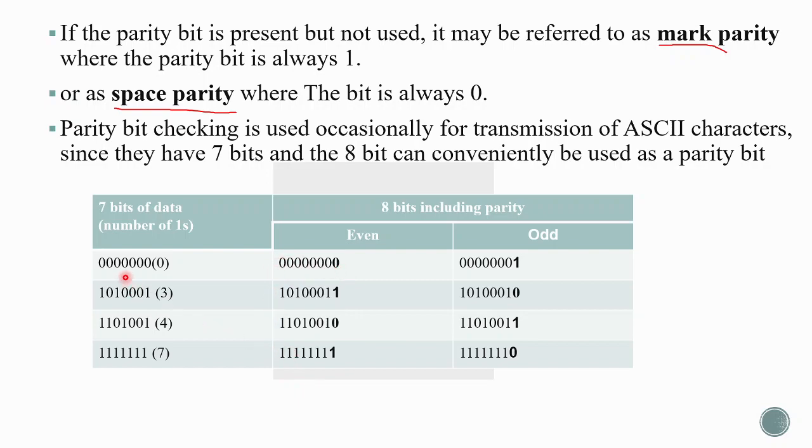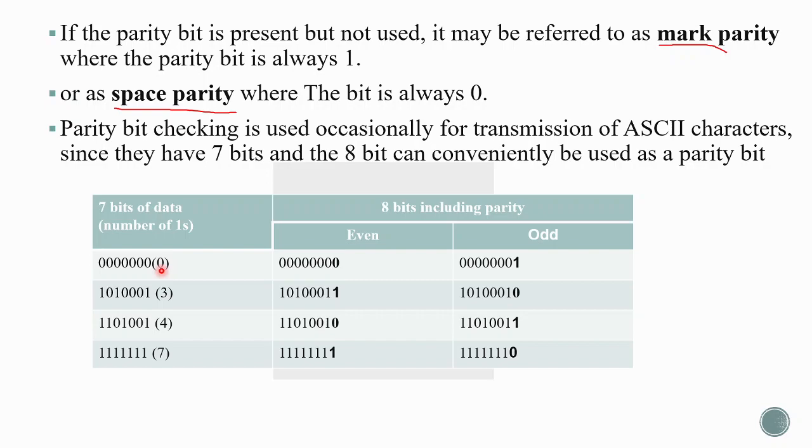Here the parity bits are shown in bold. So here are 7 zeros. We are concentrating on the number of ones. Here the number of ones is 0. The number shown in brackets is the number of ones.